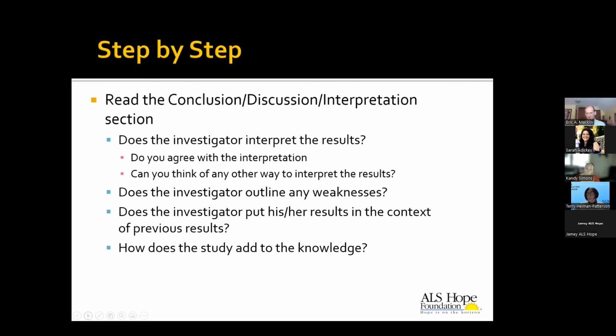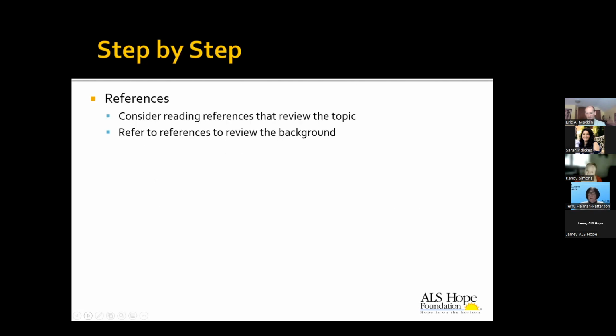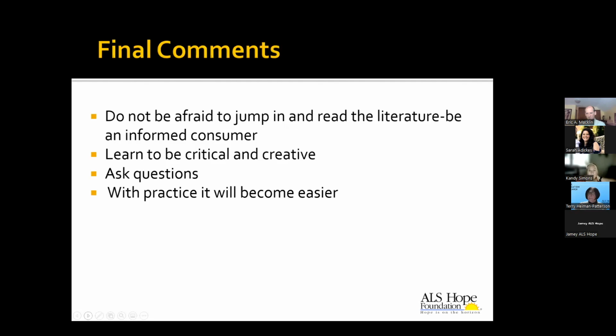And how does a study add to knowledge? And I always like to know, what's the next step? What do you think should be done? And then finally, the references, of course, that we talked about. Now read the abstract. Was this an accurate summary of what you just read?